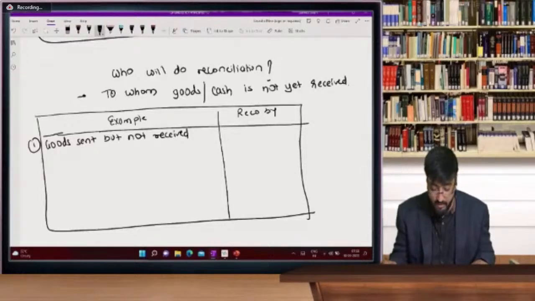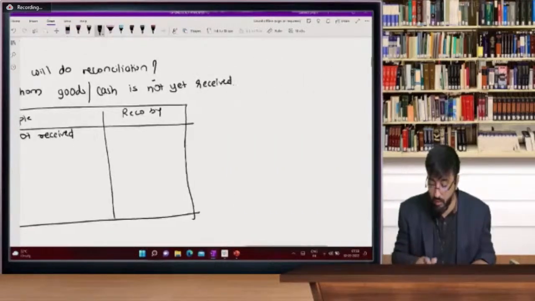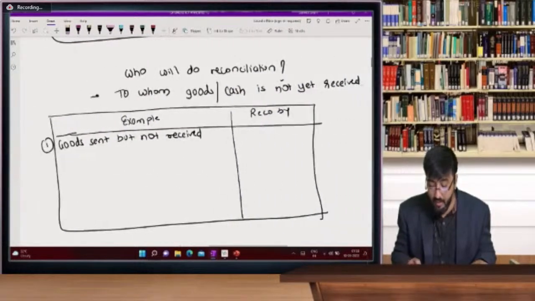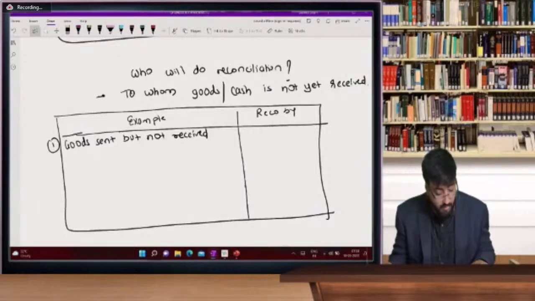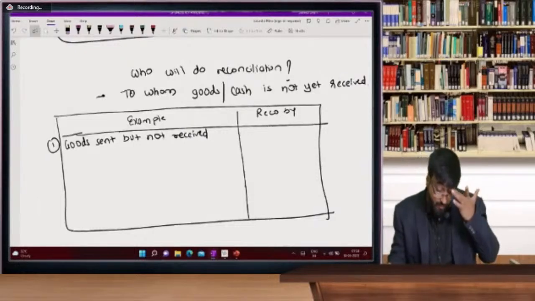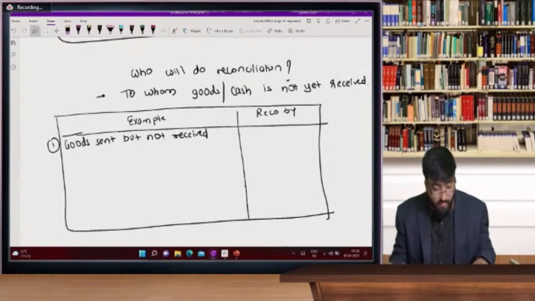Write 1 and then your answer, HO or branch, whatever it is, so I will understand which answer is for which question. If you write only HO or branch, I won't understand whether it's for the first or second question. So please mention the question number while giving your answer.